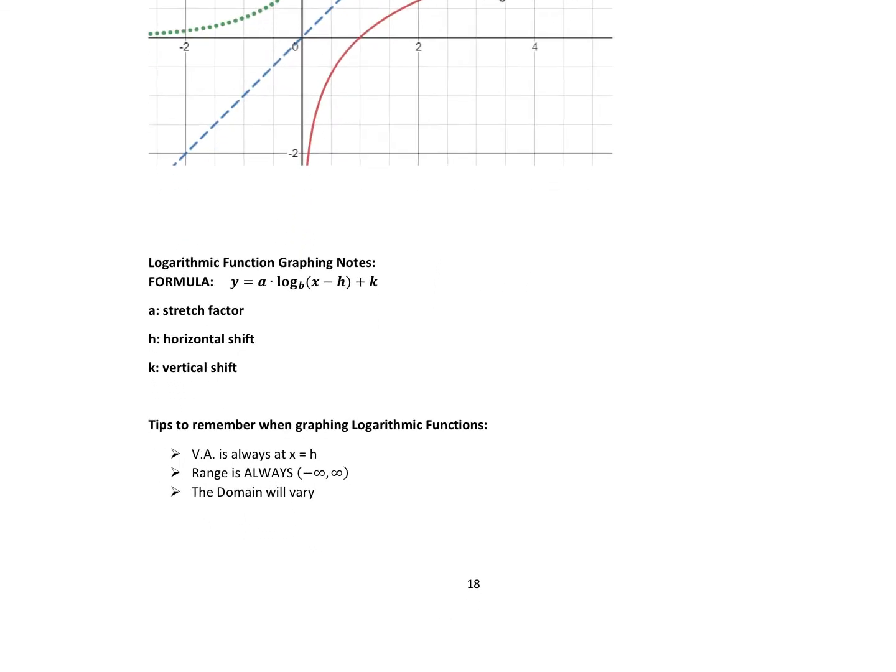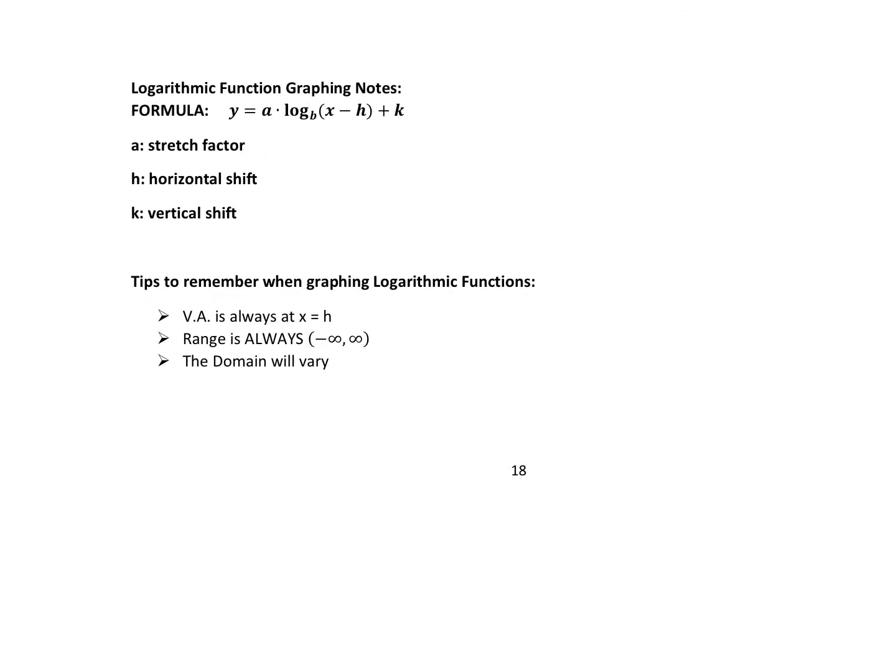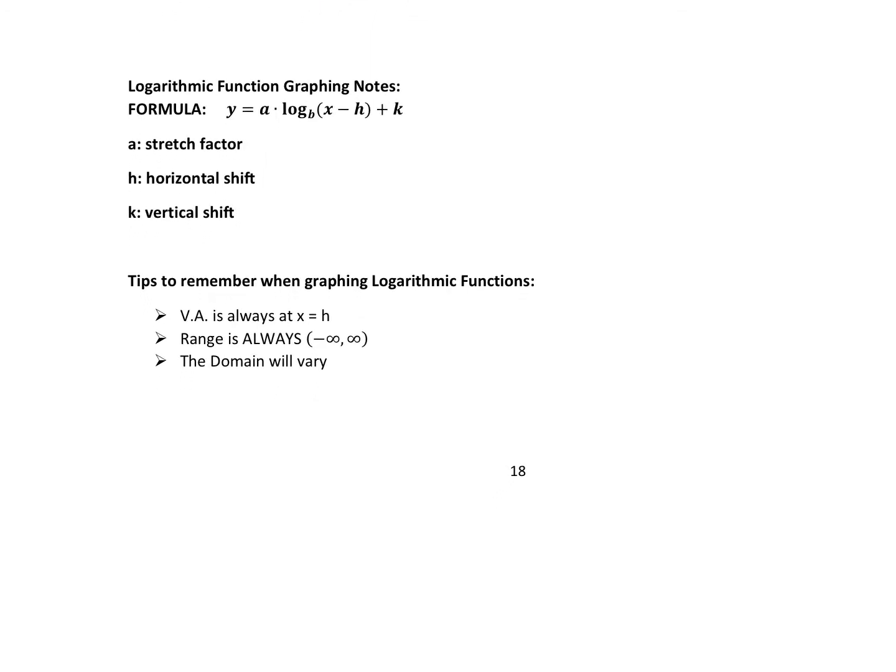In general, when you're graphing a logarithmic function, we can shift and stretch these graphs just like we've graphed everything else. When we do that, our a value is our stretch factor, our h value is a horizontal shift, and our k value is a vertical shift up or down.